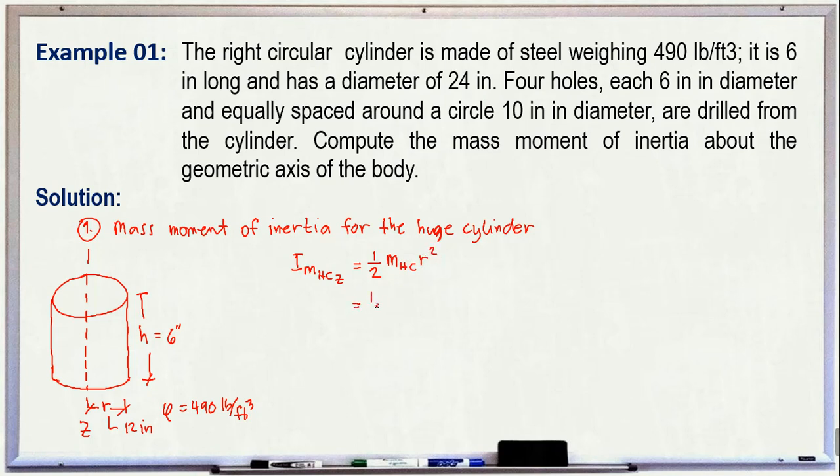The mass of our cylinder is the density times its cross-sectional area, that is pi r squared, multiplied by the height h and by r squared again. Plugging in these values, we have 1/2 times the density, 490 pounds per cubic foot, times pi, and combining, r to the 4th.